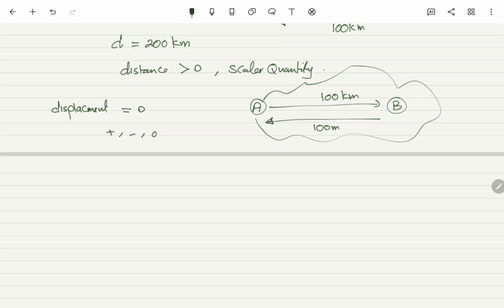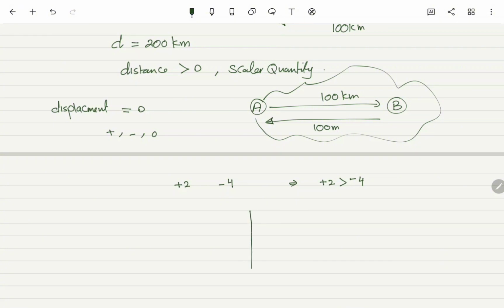Now, let's have a quick example. If we would like to compare +2 and -4, which one is bigger than the other? In mathematics, definitely 2 is greater than -4. But when it comes to displacement, the situation is quite different. Let's have this case.